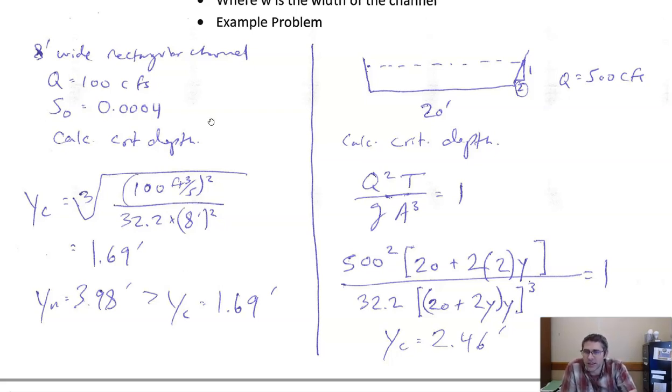Well, this is a rectangular channel, so all we do is plug and chug. Y sub c equals the cube root of q squared, 100 CFS squared, over g, 32.2, times the bottom width squared, 8 feet squared, and we get 1.69 feet.